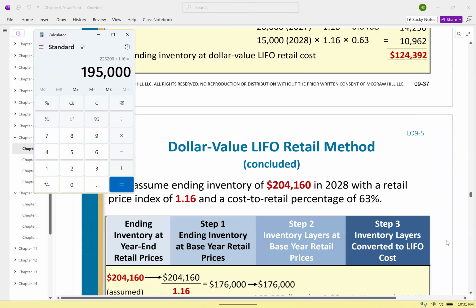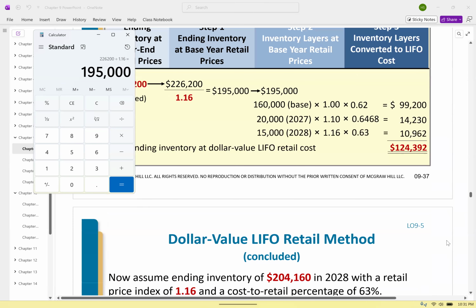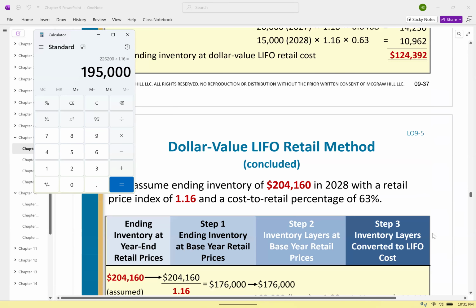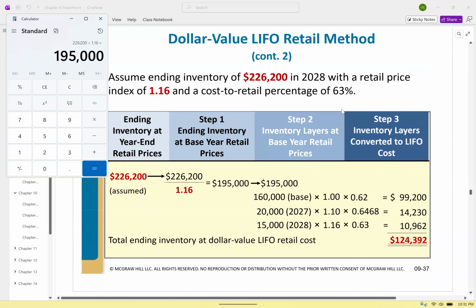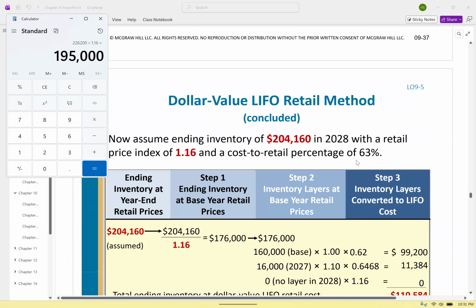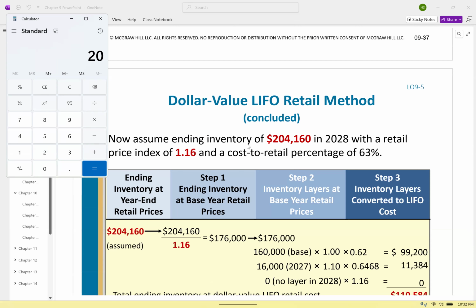They go one more year, I believe. Yes, they are going one more year. They are going to assume that in 2028, which we did a 2028 up here in a different situation, the ending retail value was 204,160. If you take the 204,160 and divide it by the price index, it gives us 178.